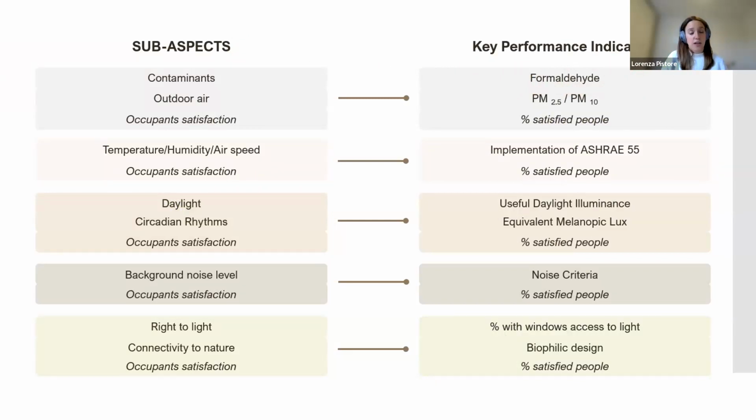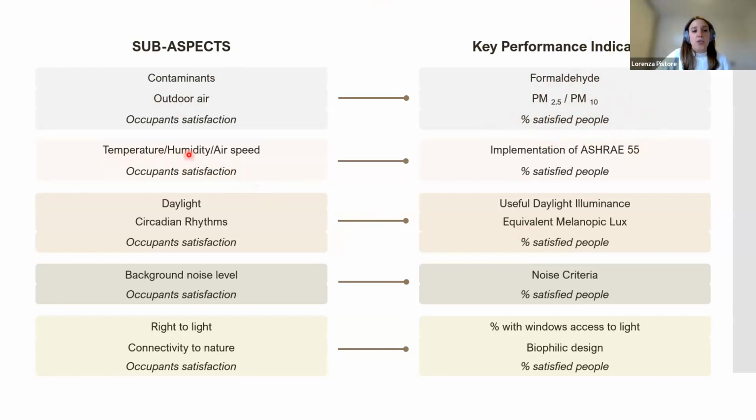And it's very hazardous for health, for respiratory issues, also leading to cancer sometimes. We wanted to look at the relationship to the outdoor air, taking into consideration the presence of particulate matter, both PM2.5 and PM10. And of course, we wanted to take into consideration also the satisfaction of people, so the percentage of people satisfied towards indoor air quality.